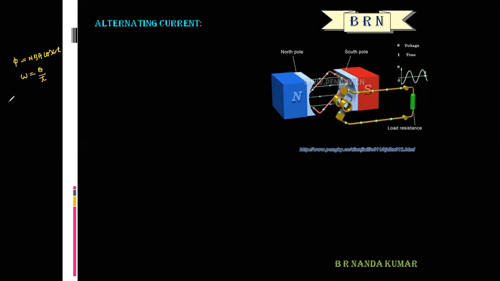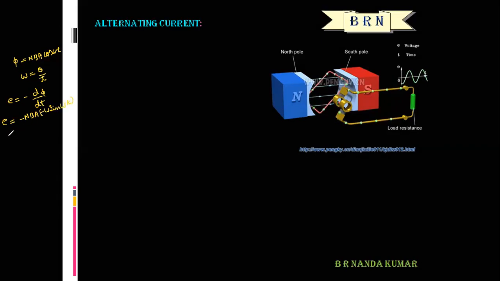According to Faraday's second law of electromagnetic induction, E is equal to minus d phi by dt. So E is equal to minus d by dt of NBA cos omega t. NBA is constant, taken outside. So d by dt of cos omega t is minus omega sine omega t, right?